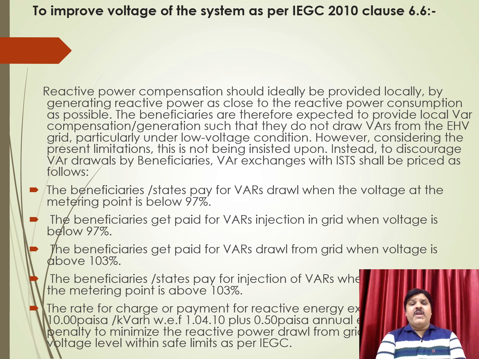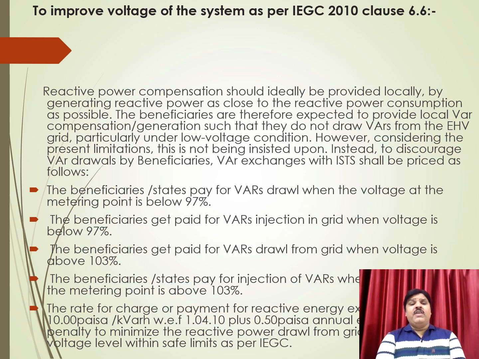15 paisa per kVARh. And similarly, if high voltage is there, that is 3% high, in case of 220 kV, if 226 kV voltage is running in the system, and if any utility draws reactive power from the grid, it will be benefited, or it will get reactive power charges, because it is helping the grid to maintain the voltage.